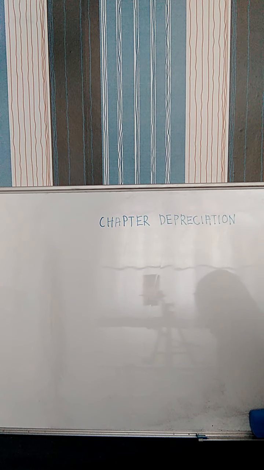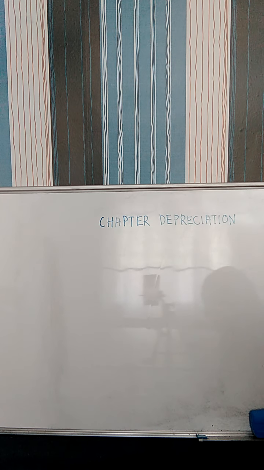Next, we have 3 common methods of depreciation. We have 3 methods to calculate the depreciation. Number 1 is straight line method. Number 2 is declining balance method.